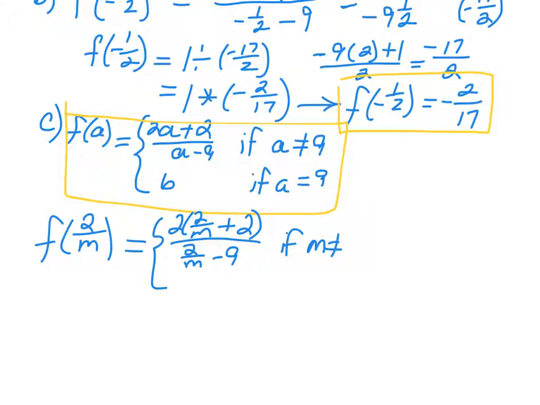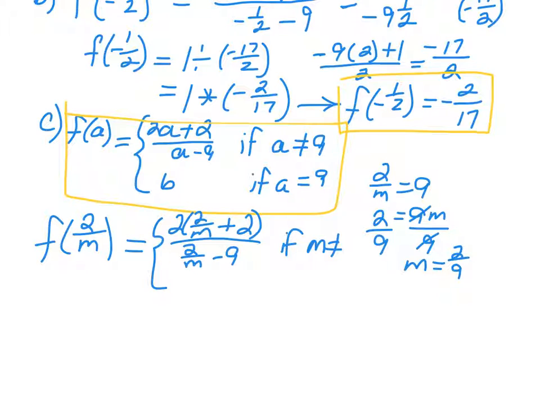let's see, what would cause 2 over m to be equal to 9? If m were 2 over 9, because 2 divided by 2 over 9 is 2 times 9 over 2, which would be 9.